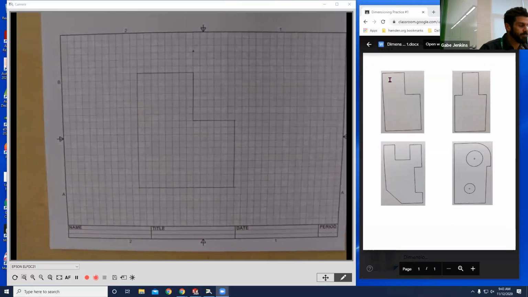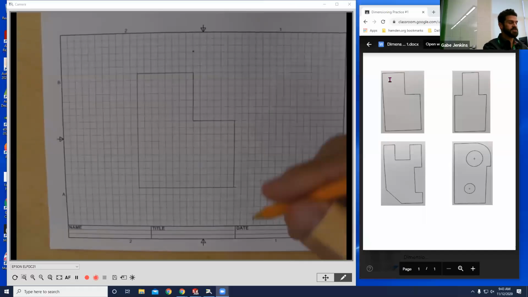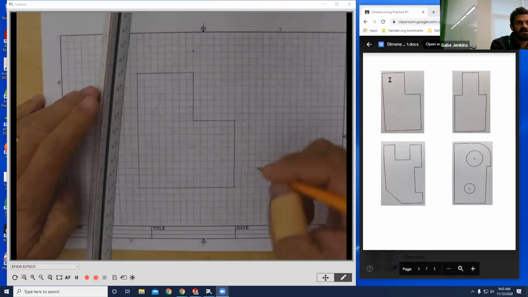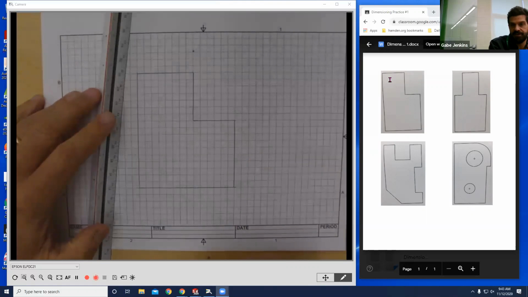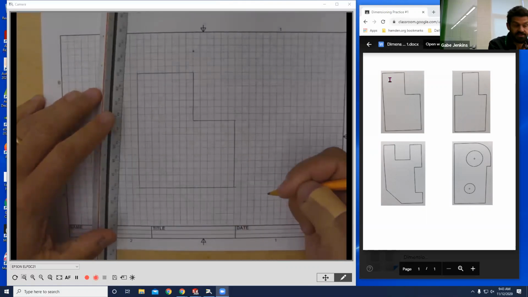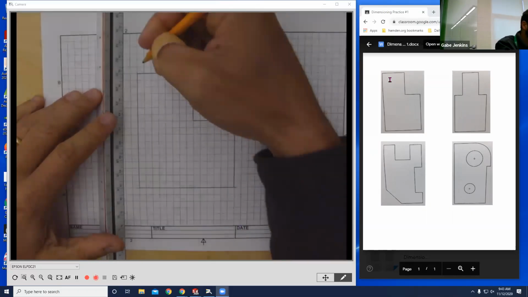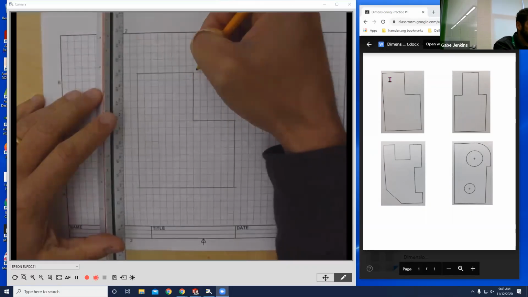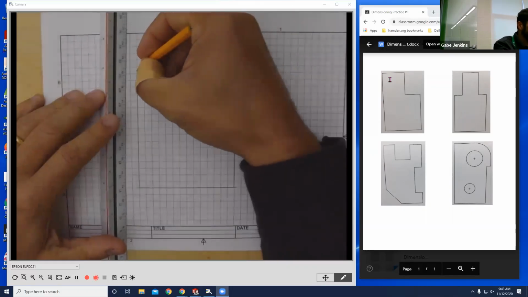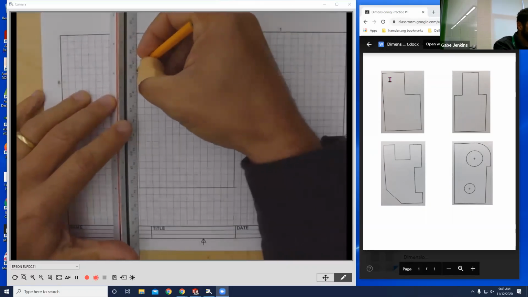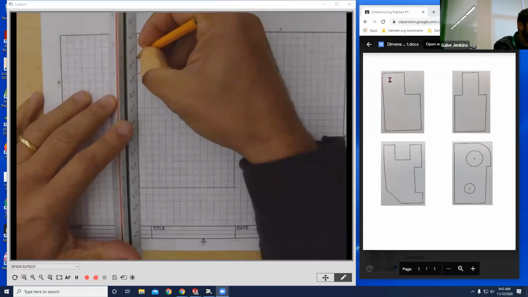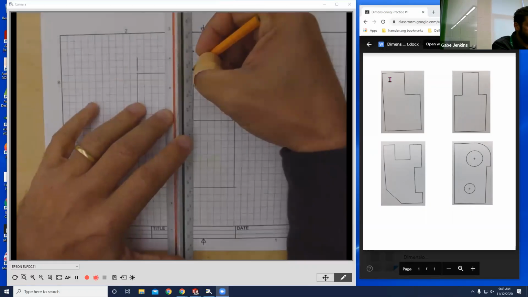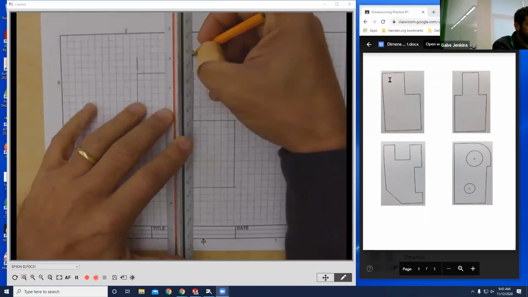So dimensions. There's a couple of things that we talked about yesterday when you're doing dimensions, right? One is that they have to have extension lines that go out from the object itself, but that don't touch the object. So if I'm going to say how big this is right here, I'm going to put my pencil just a little bit away from the edge of the thing, make a line that goes straight up like this, put my pencil a little bit off the edge of the object, make another extension line.